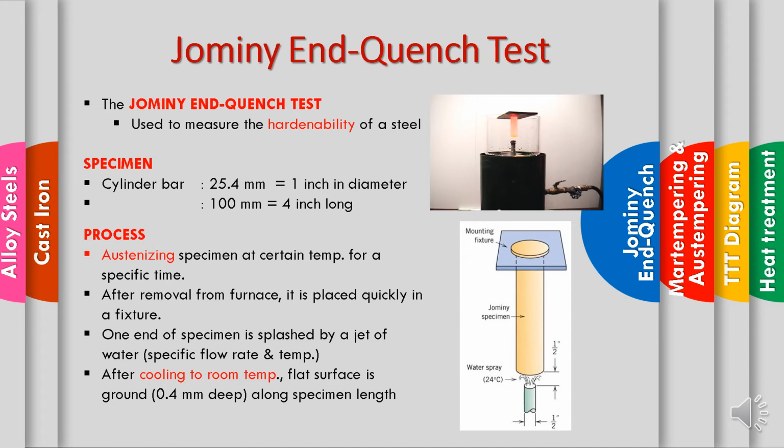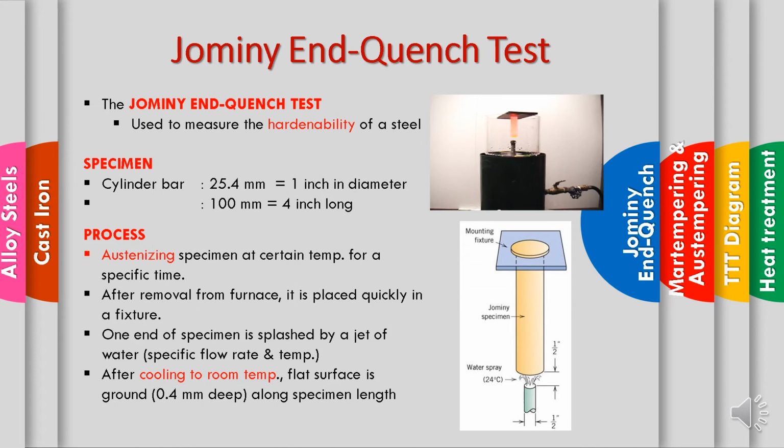In this diagram, we hold the specimen upside down here. So the schematic diagram is something like this, and then we have a nozzle, and then we start to set the water to hit the end of the sample, something like this.